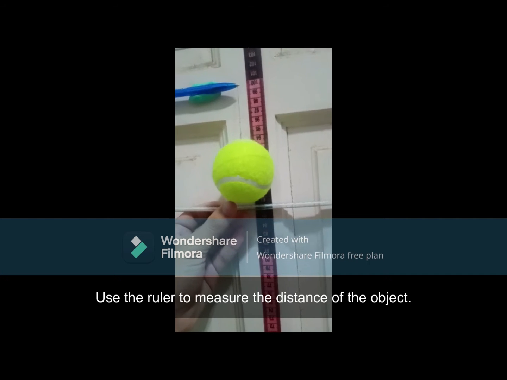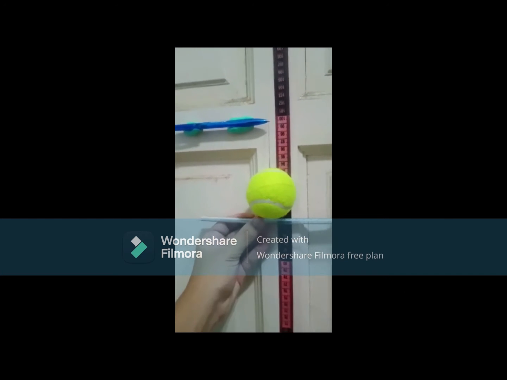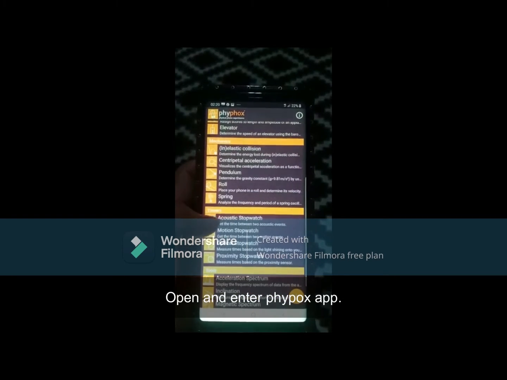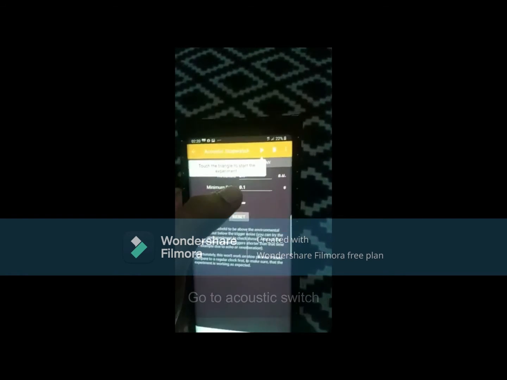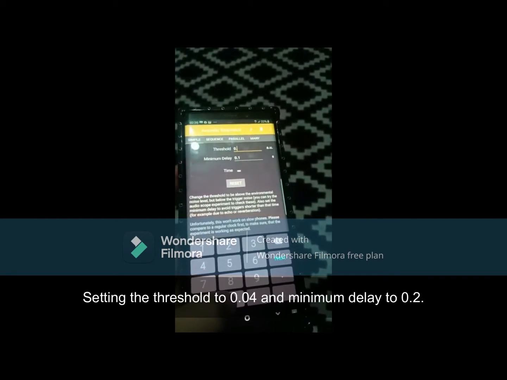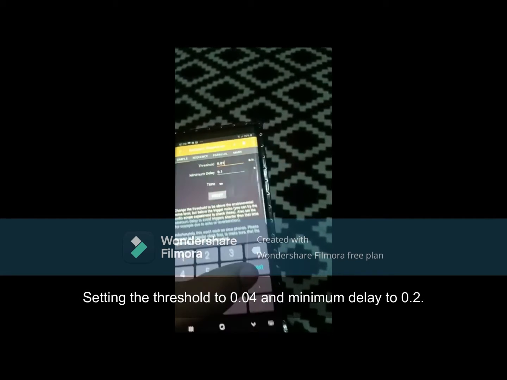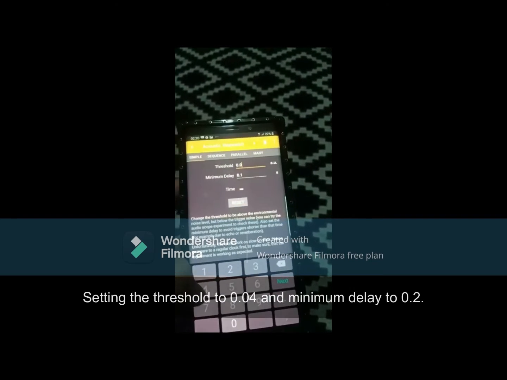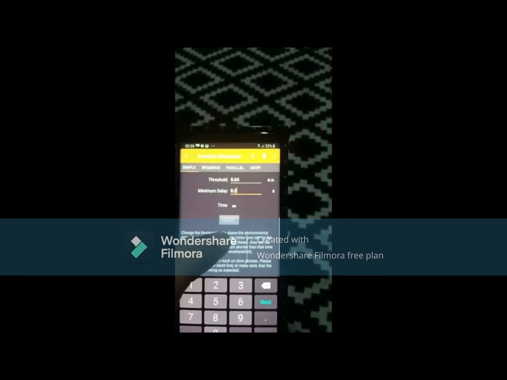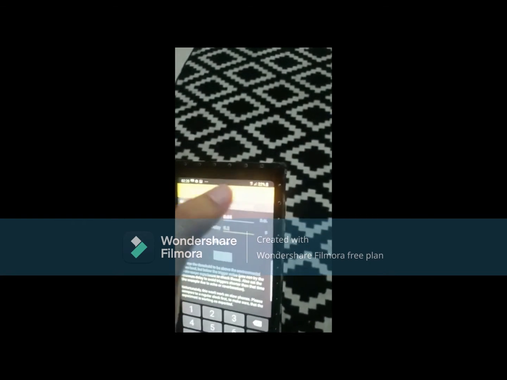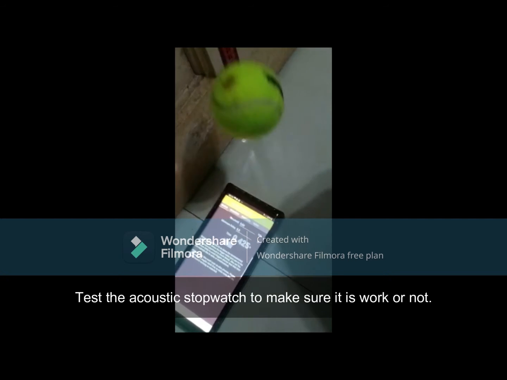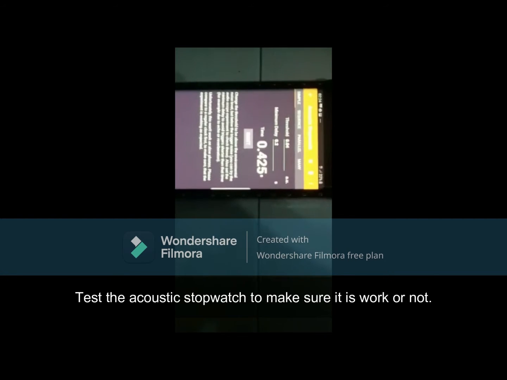Use a ruler to measure the distance of the drop. Open the stopwatch, go to switch, and open the acoustic watch, setting the threshold to 0.04 and minimum delay to 0.2. Test whether the stopwatch is functional or not.